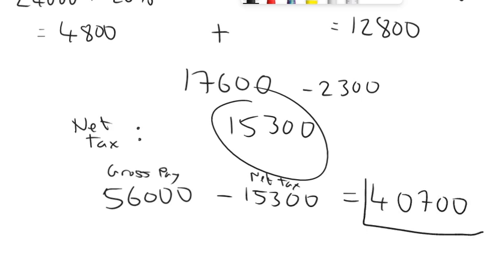Okay, so I'm only left with 40,700, so still a nice bit of money, but you can see how much the government actually takes. If you earn 56,000 under those conditions, the government takes basically 15,300 off you, which is quite a lot.